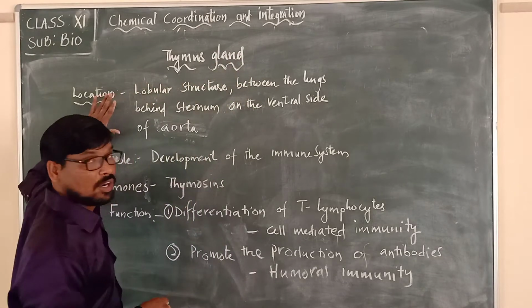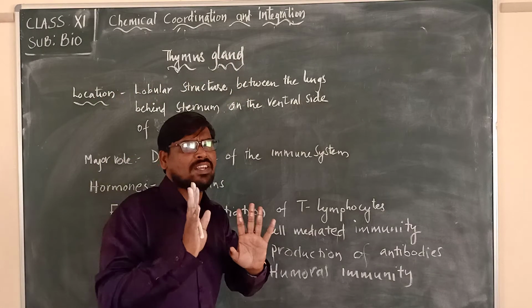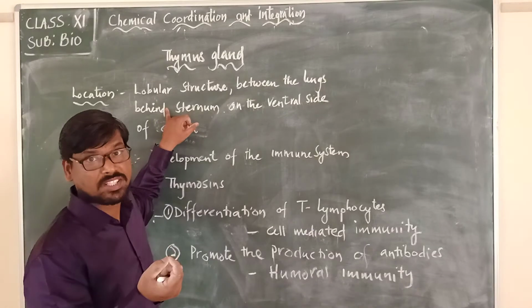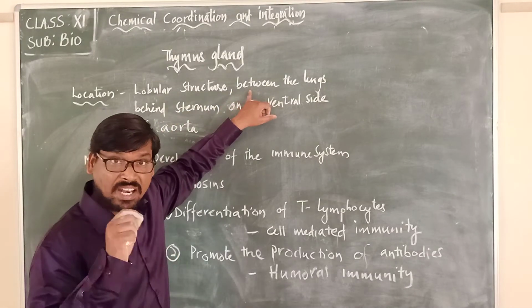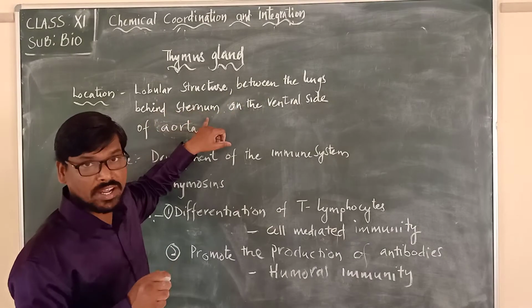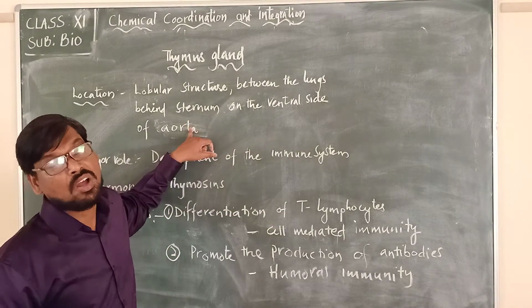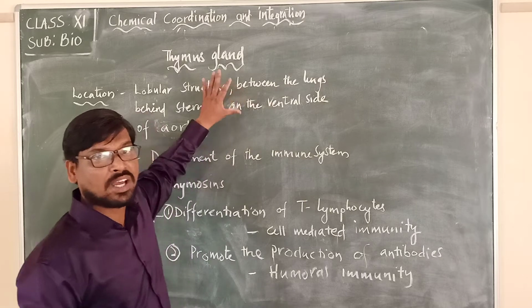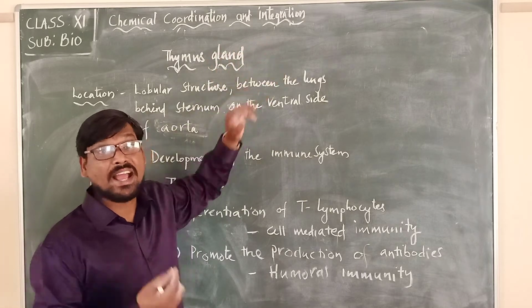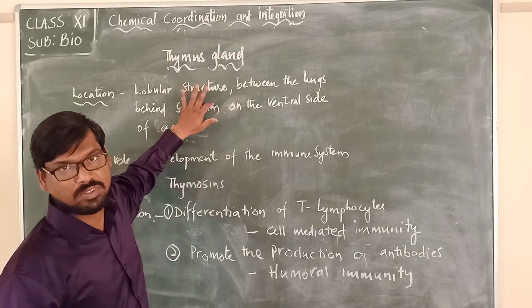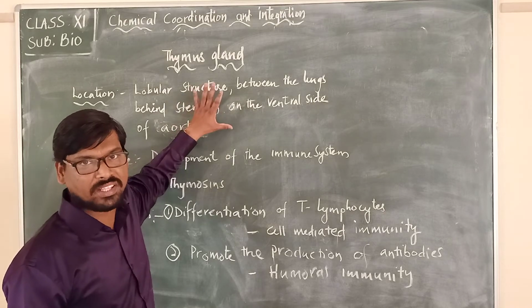This is the location given in a very clear way: a lobular structure between the lungs, behind the sternum, on the ventral side of the aorta.